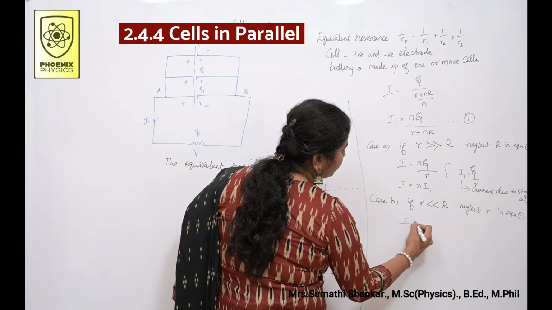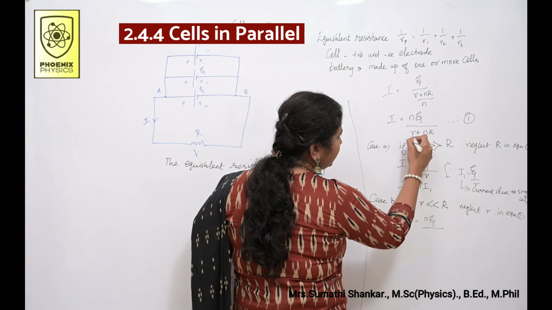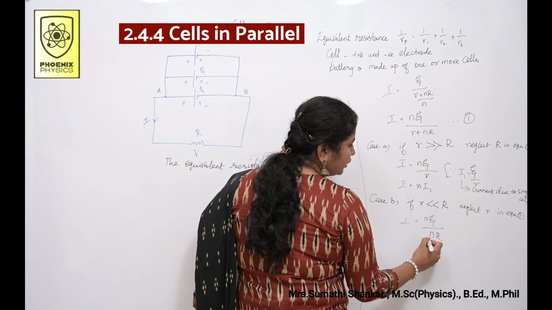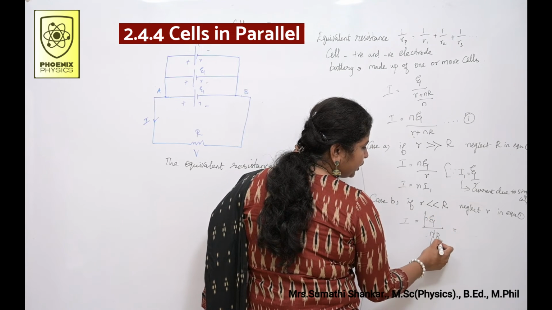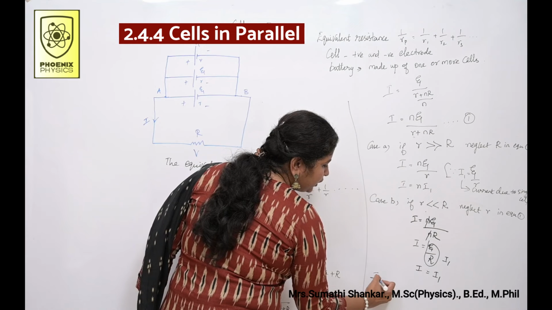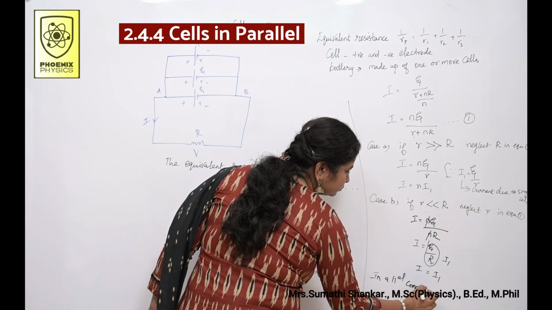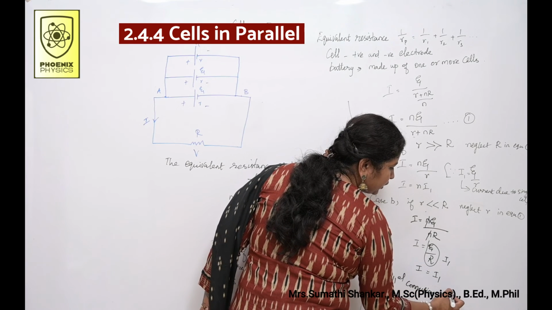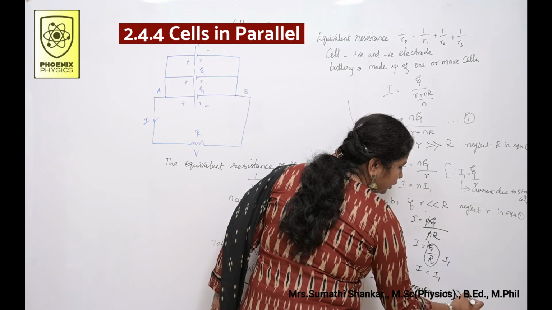So I is equal to n Xi by, here you neglect this one, so n into R. Here cancel this n. Finally you get Xi by R. Xi by R is I1. In a parallel connection, the internal resistance of the cell r must be greater than capital R.